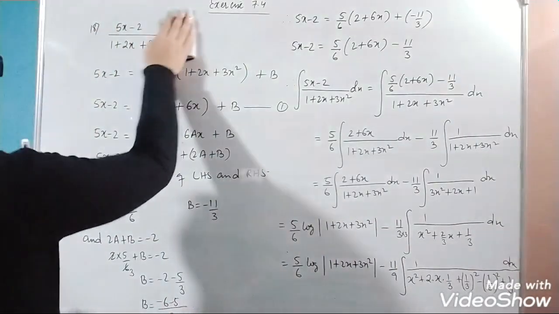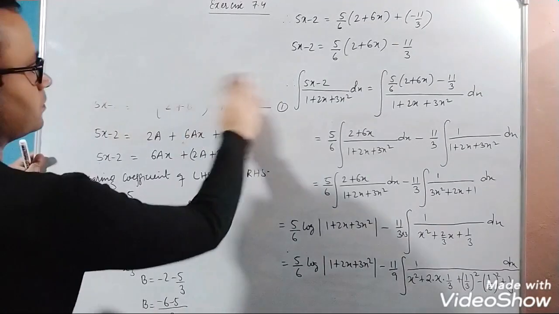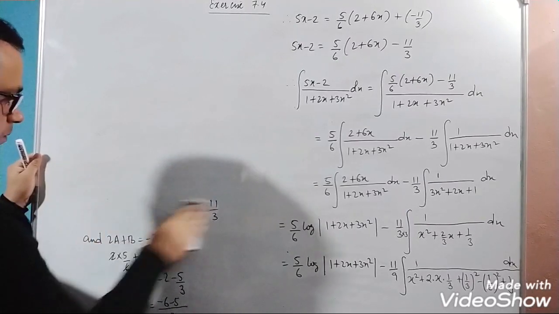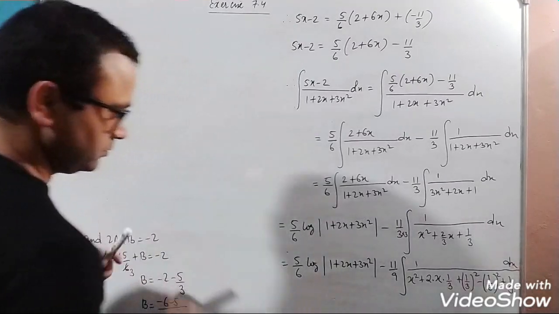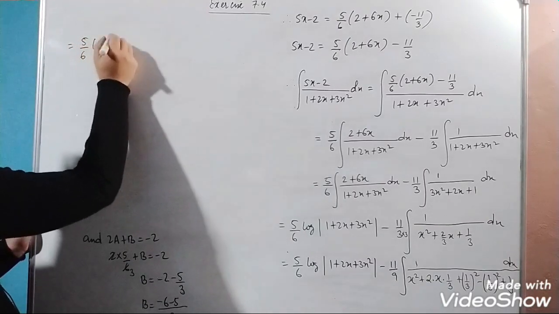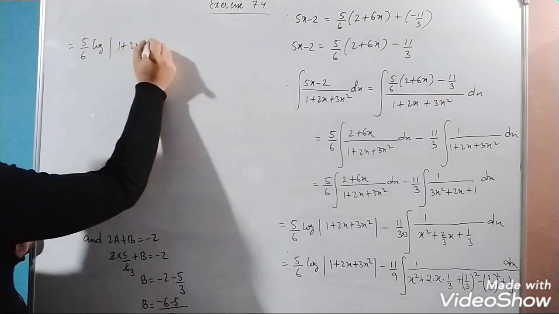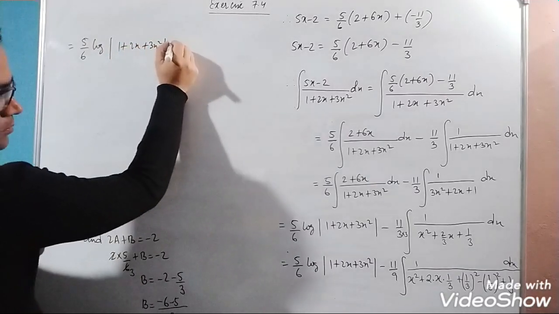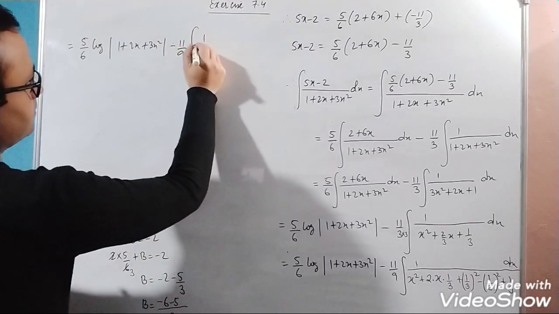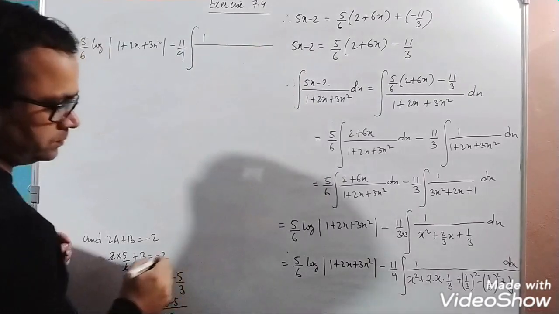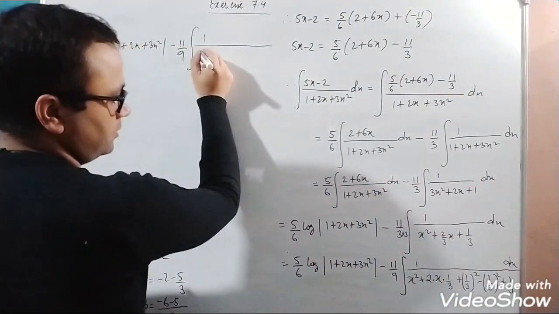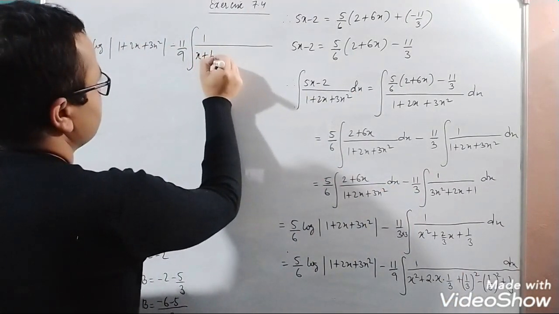After that this equals 5 by 6 log 1 plus 2x plus 3x square minus 11 by 9 integration of 1 by, a square plus 2ab plus b square is a plus b whole square, x plus 1 by 3 whole square.